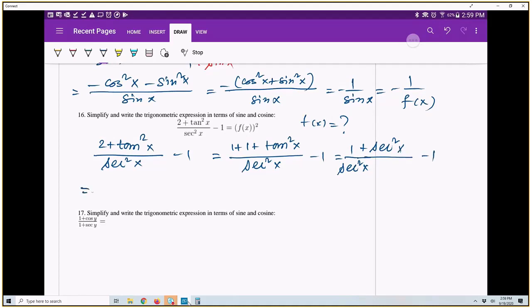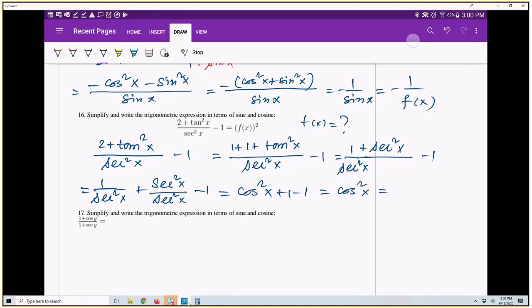So now distribute, write it as 1 over secant squared x plus secant squared x over secant squared x minus 1. 1 over secant squared is cosine squared x plus 1 minus 1.